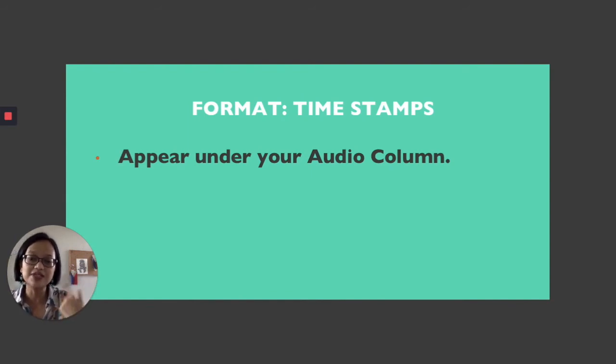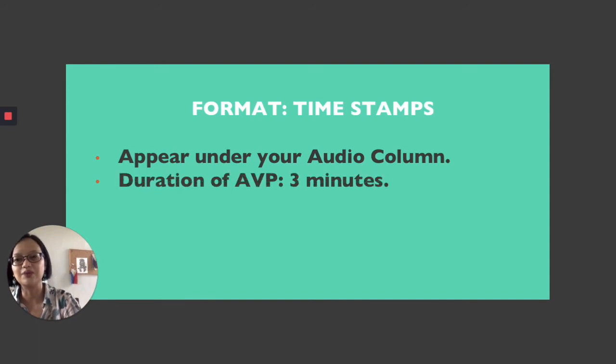How much time something is spoken or is said is your peg for how much time you actually are using up. How much time you spend on background music if there's no one speaking is also part of how much time you spend showing a particular image relative to that music. So this is why the timestamps are important and why they appear in the audio column.